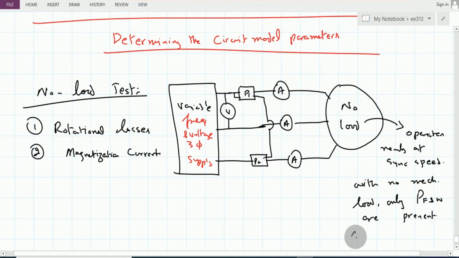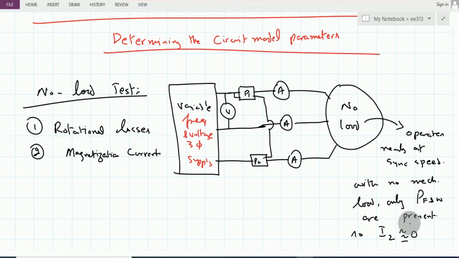So I2 is approximately equal to 0. I2 is very low because the motor operates at nearly synchronous speed, so the slip is very low. Because the slip is very low, R2 over S is very high, and therefore I2 is negligible. That we have discussed thoroughly in the previous lecture.